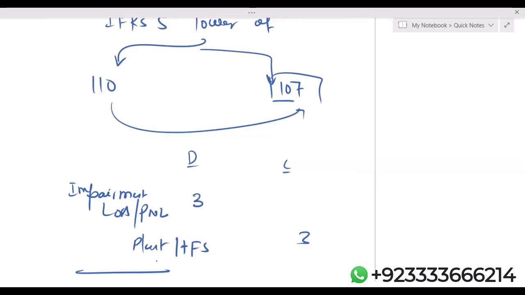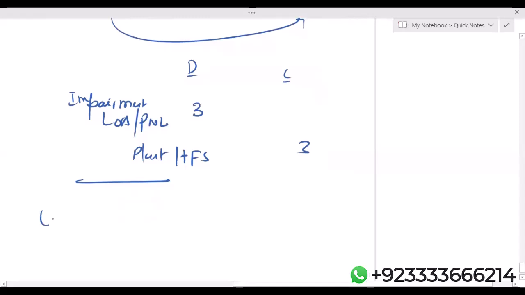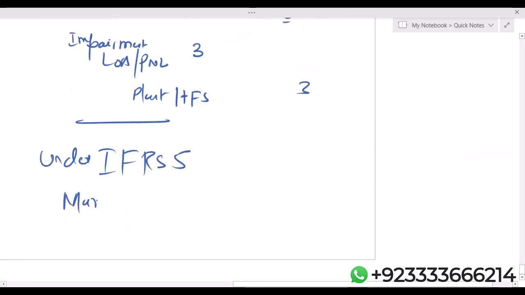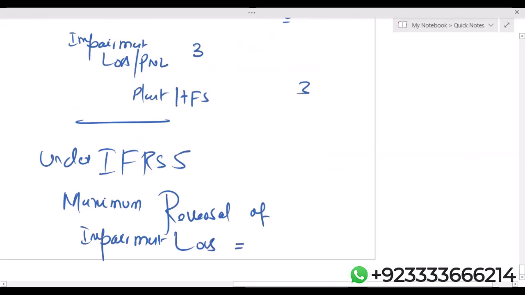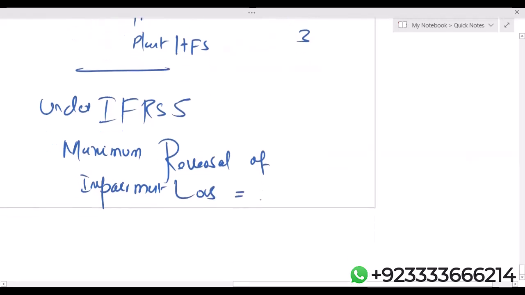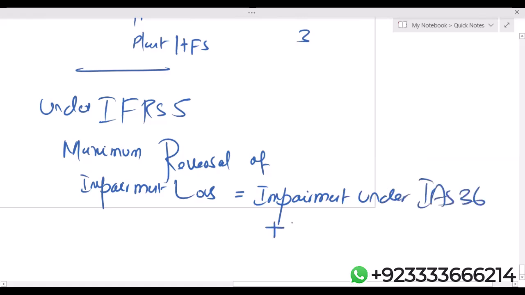Another point is, under IFRS 5, the maximum reversal of impairment loss.